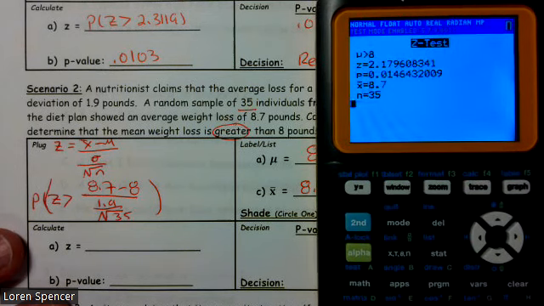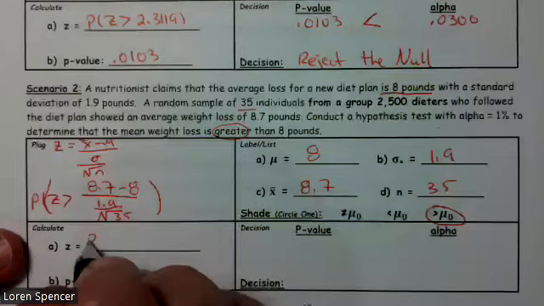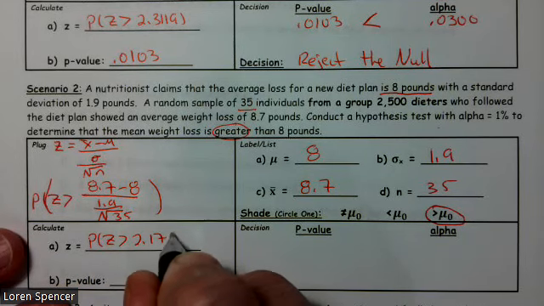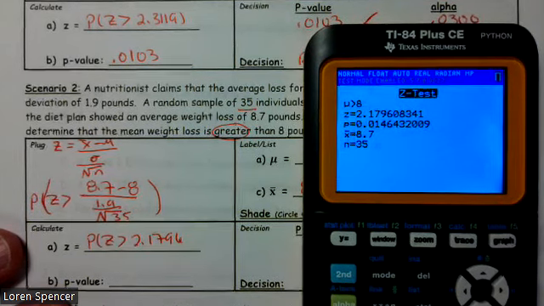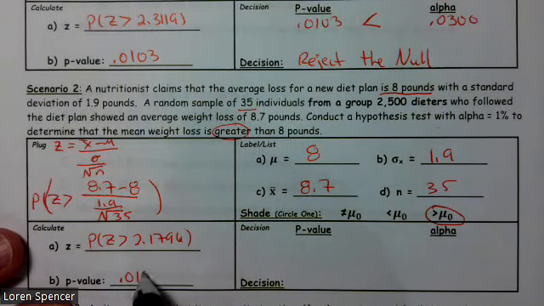We calculate, and we get the probability that Z is greater than 2.1796, and that gave us a p-value of 0.0146.